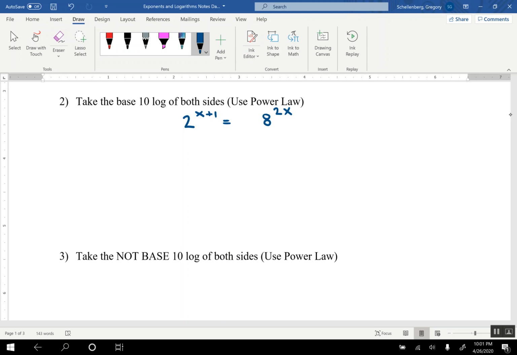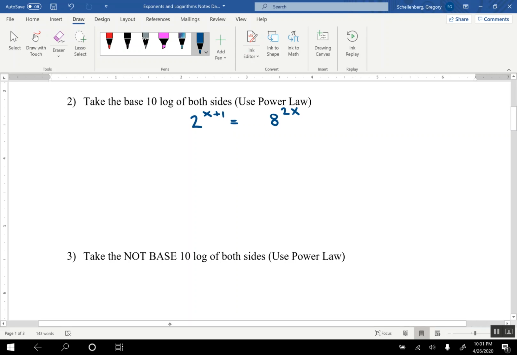So oftentimes we might, let's say, divide every part of an equation by -1, or divide it by 2, or different things like that.